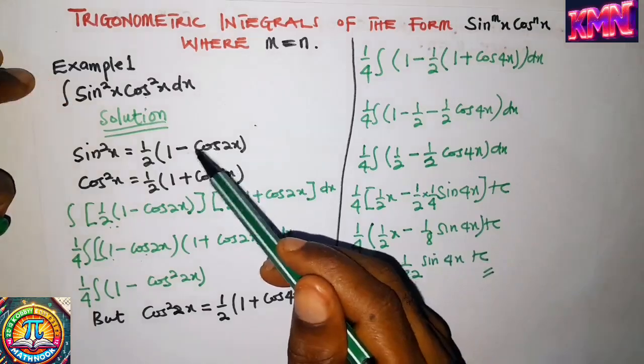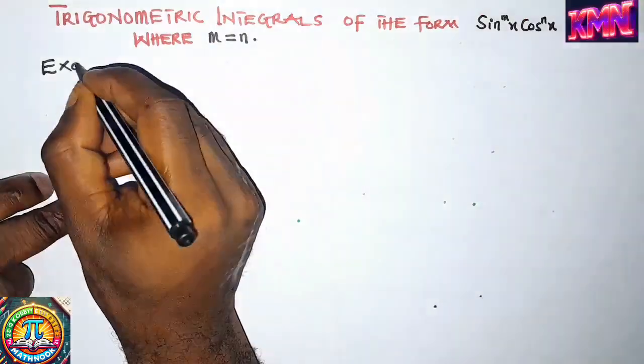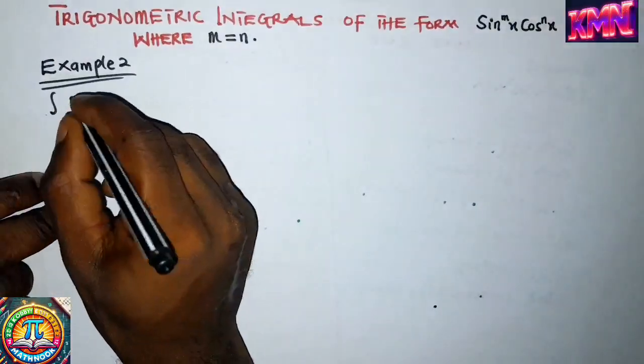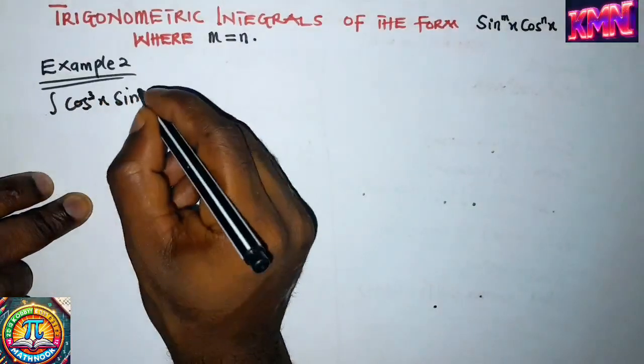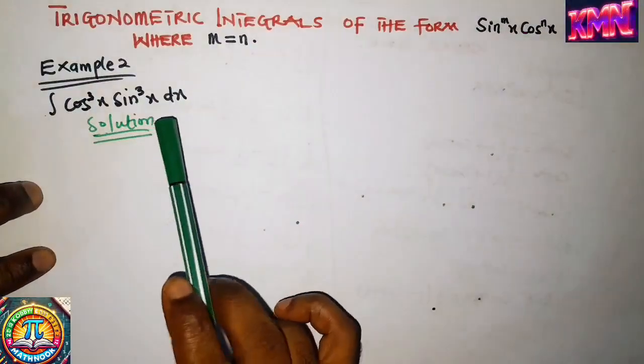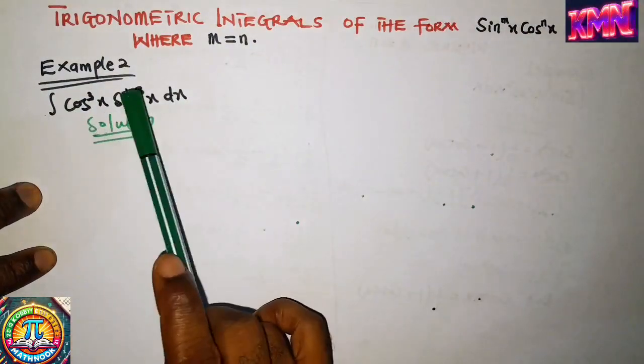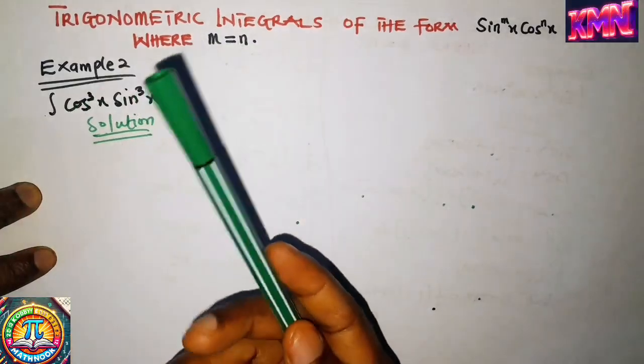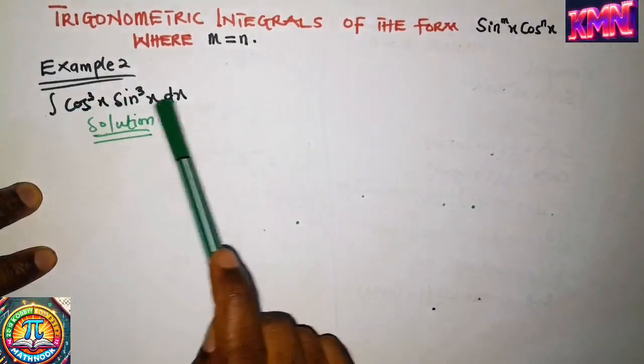The next example. In a situation like this, where the powers are odd, there are two solutions for this type of integral.